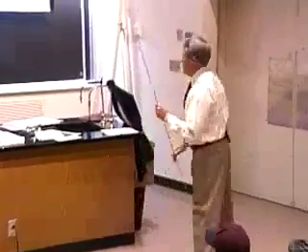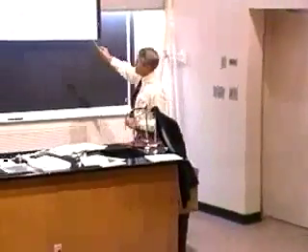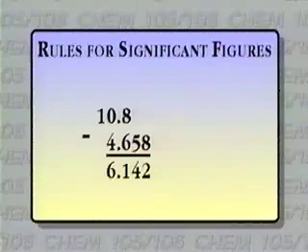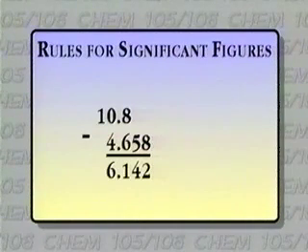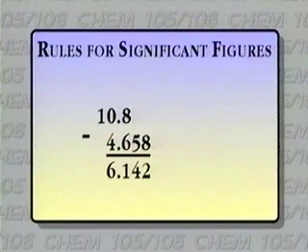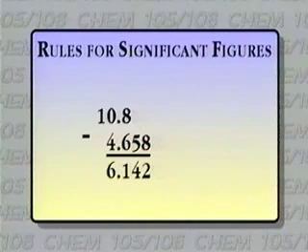And very quickly then, because we need to wrap up, let's just look at this one here for a subtraction. We have a 10.8, and we're subtracting a 4.658, and this is the number that we would get. But how many places are we justified after the decimal point in our answer?